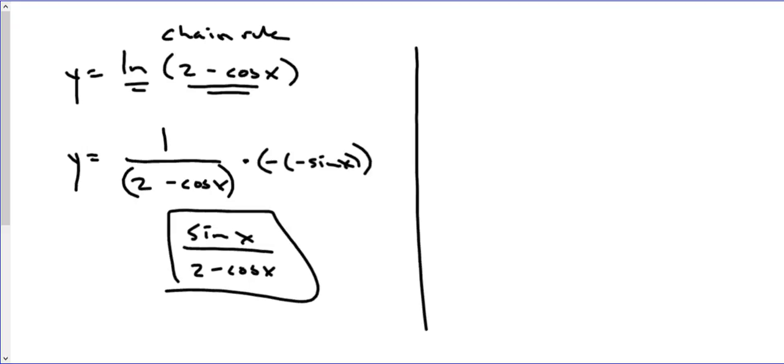Hopefully this is starting to make a lot of sense. Let's try one more. y equals natural log of the quantity 10 over x. First, I'll change this to the natural log of 10x to the negative first.